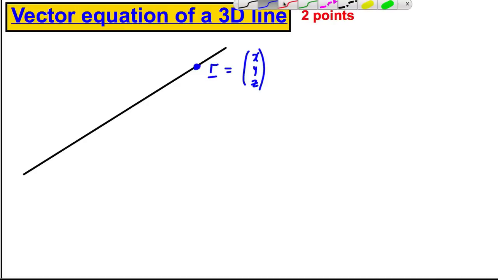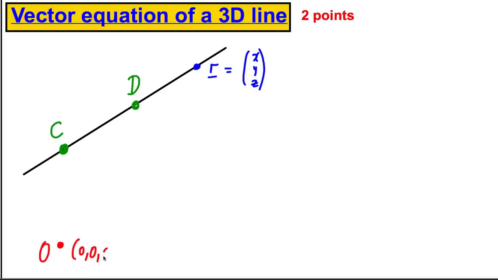Suppose we just know two points on the line: a point C, just to make it different, and another point D. And obviously, as always, my origin is somewhere on the page. It's at 0, 0, 0, and it's called the origin.